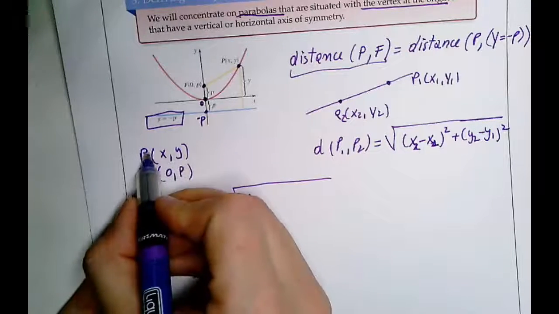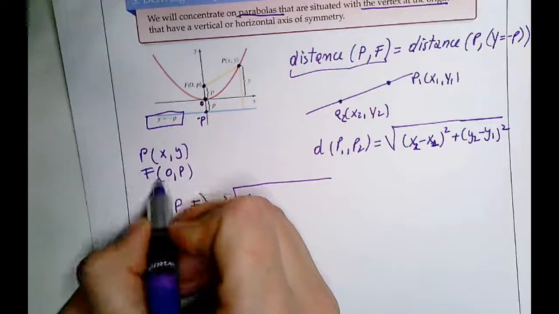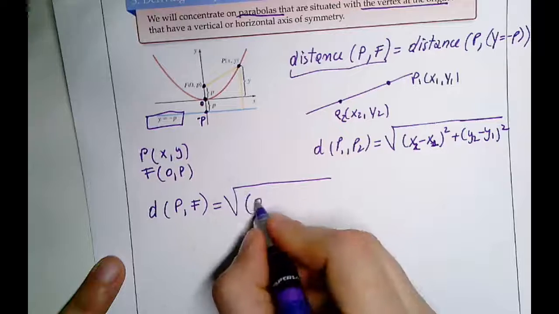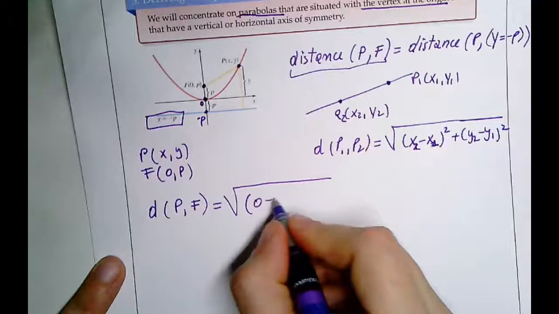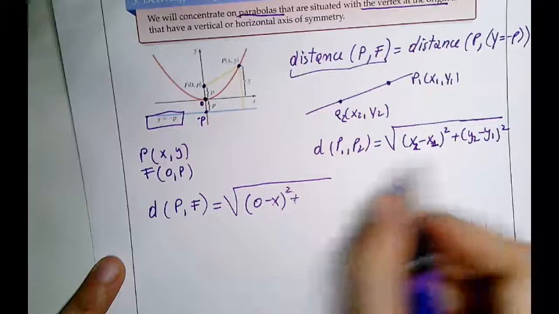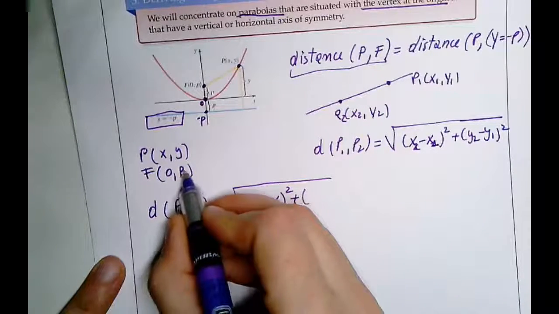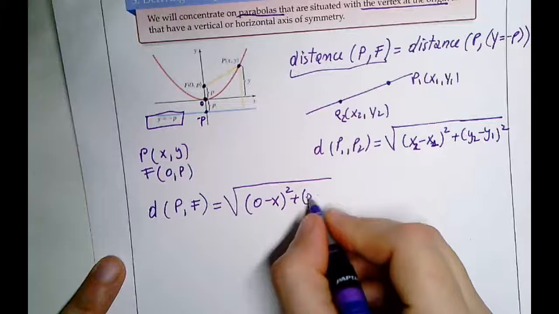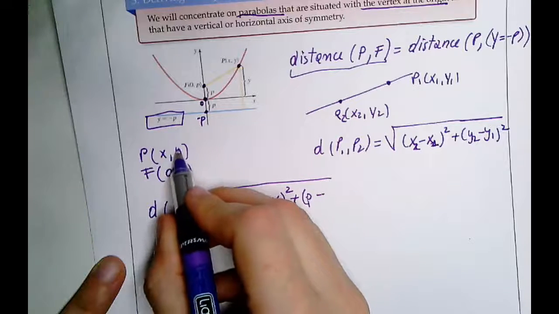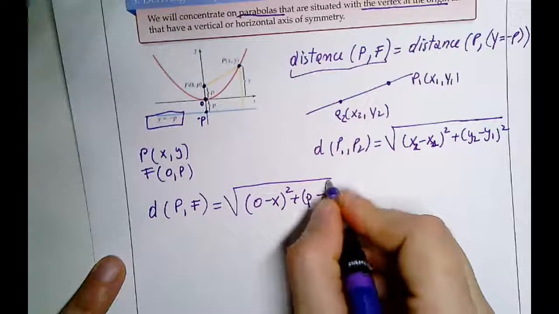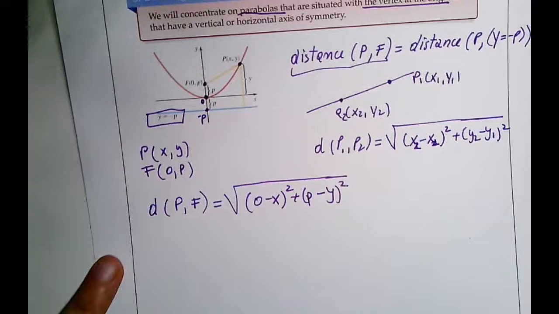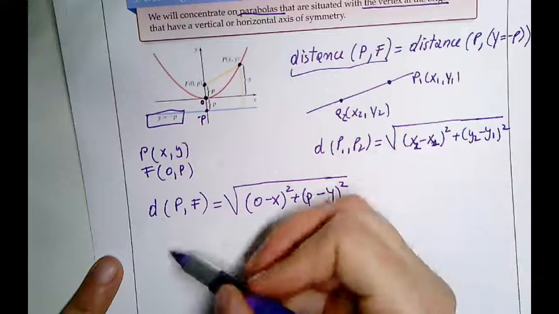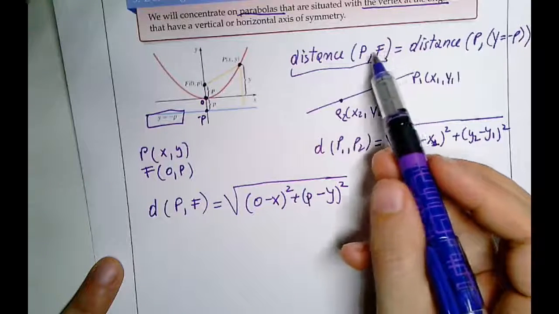This is my first point and this is my second point. So the distance between these two points is given by x2, so 0, minus x1, which is just x, squared, plus, following this formula, y2, the y-coordinate p, minus y1, which is just y, and that's squared. So this is the distance between the point and the focus.